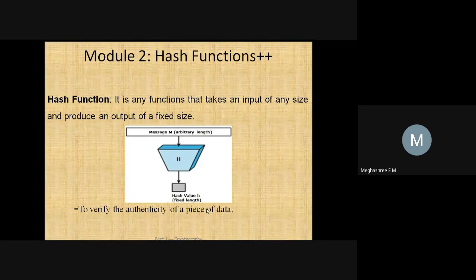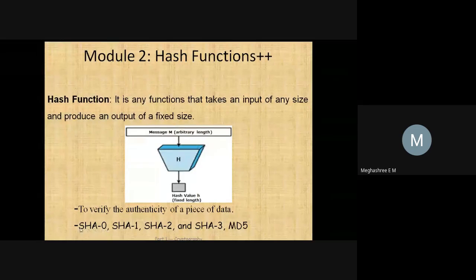Okay, so let's see a few examples of hash functions which were in use during the initial days, or whatever hash functions we are using now. I have just listed a few of them: SHA-0, SHA-1, SHA-2, SHA-3, and Message Digest 5. There are a few more with respect to SHA. SHA is what? Secure Hash Algorithm. So these are the series of SHA.